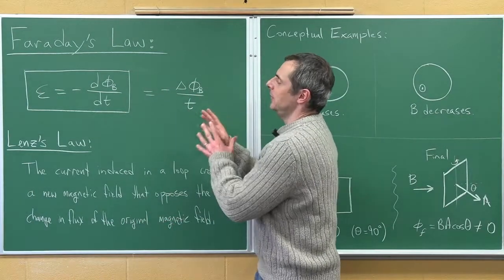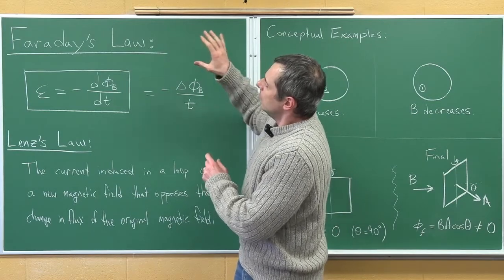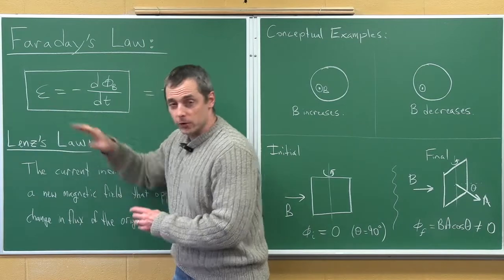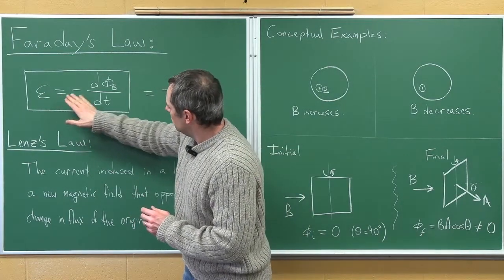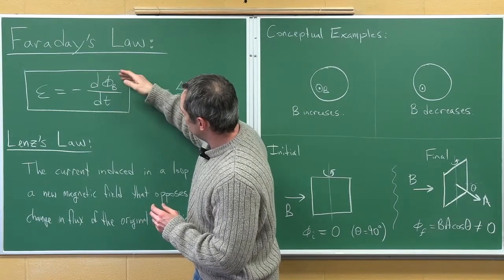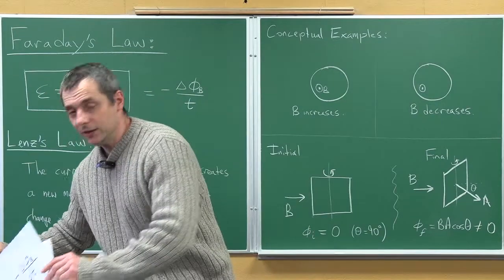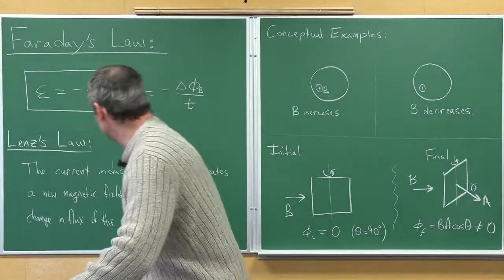So here's the idea expressed mathematically. Faraday's law: voltage, or EMF, electromotive force, what pushes electrons around in a circuit, is equal to the time rate of change of the magnetic flux. And remember, magnetic flux, once again, is BA cos theta, one of the definitions.